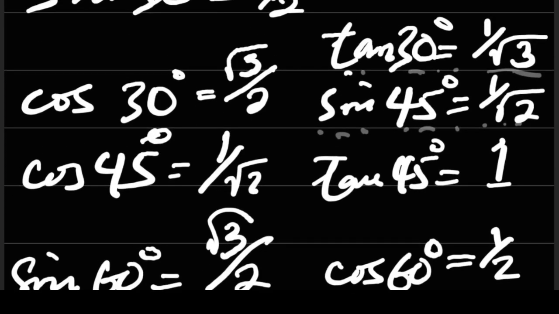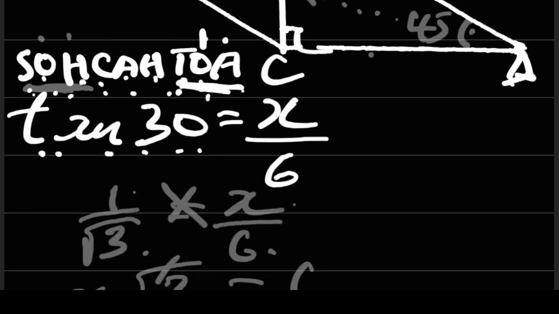Tan 30 is 1 over root 3. We'll come back to our work. 1 over root 3 is equals to x over 6.